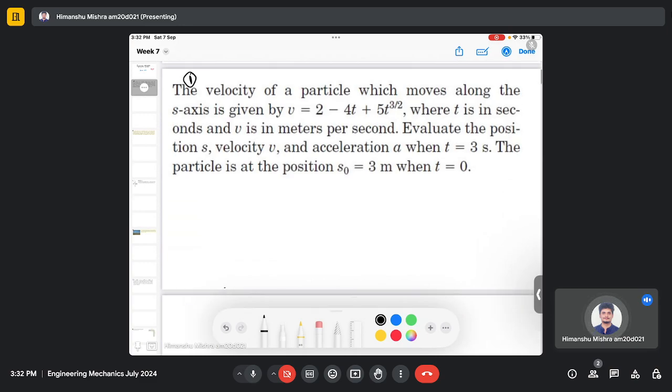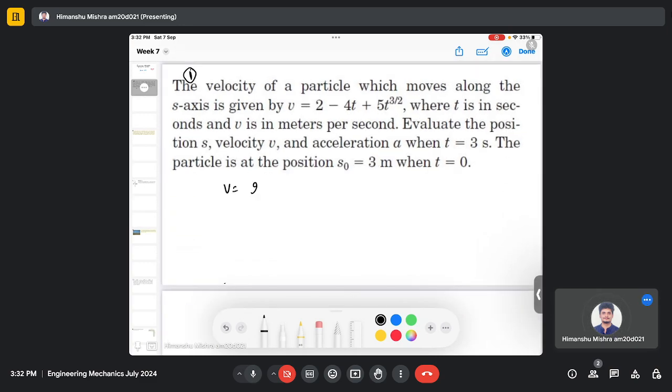So here we have the expression for velocity, and we need to find the position s, velocity v and acceleration at t equals 3 seconds. We have been given the initial position of the particle, which is 3 meters at t equals 0.